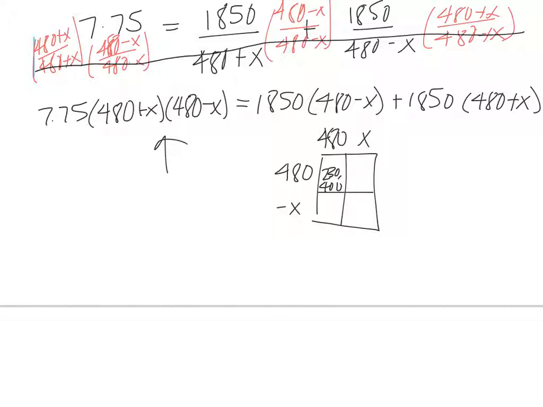These center boxes will be negative 480x and 480x. Those obviously are going to cancel. And then the last one is negative x squared. So this is really 7.75 times 230,400 minus x squared.